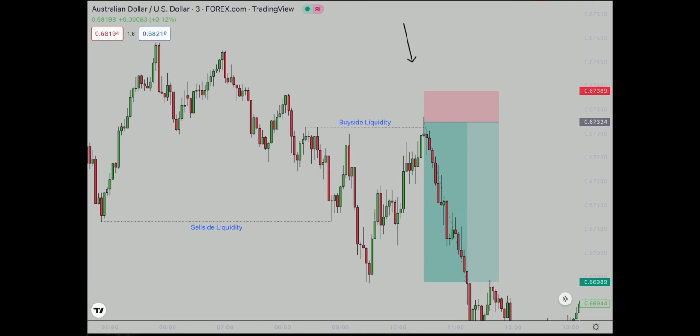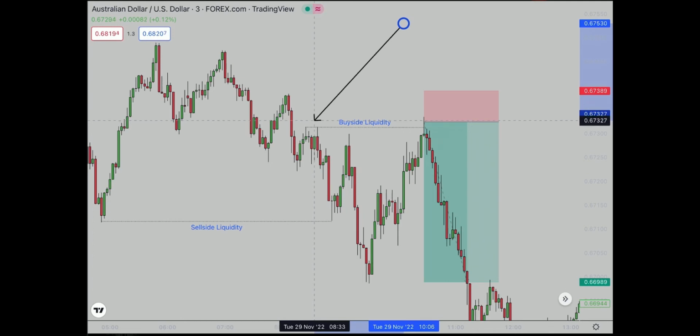Right here is 8:30, as you can see. Now this doesn't mean that your entry would be at 8:30. It means that your setup forms at 8:30.